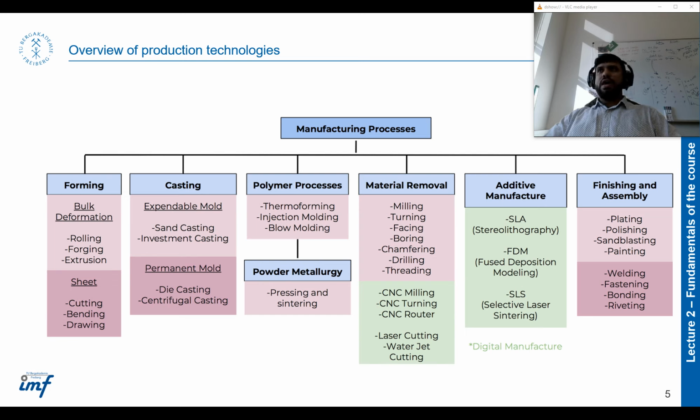So where we have powder of desired material, and then we can directly print it or press it in the form of a shape, or directly deposit it in the form of layers to develop different shapes. And then we have different finishing processes, where we take care of the surface finish or the smoothness to make the material desirable. Or then we have different processes for polymers as well. For example, thermoforming, injection molding, and blow molding.